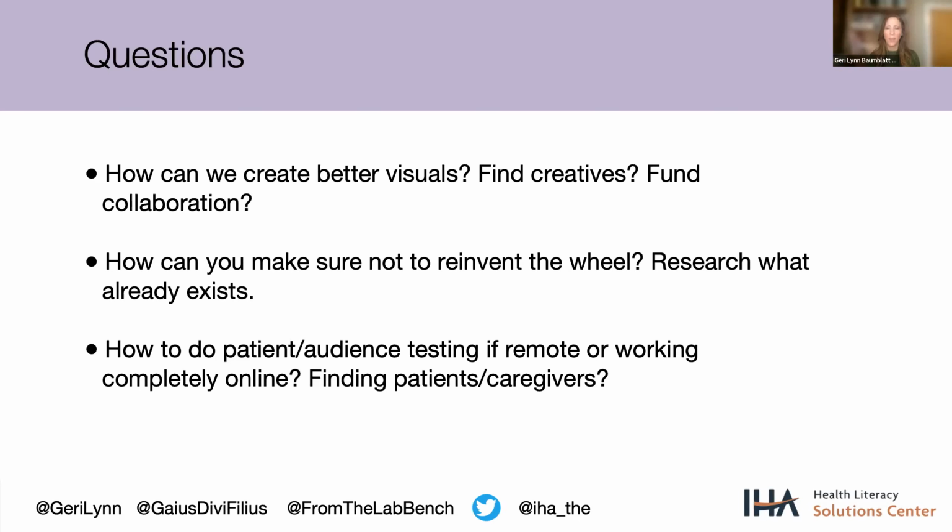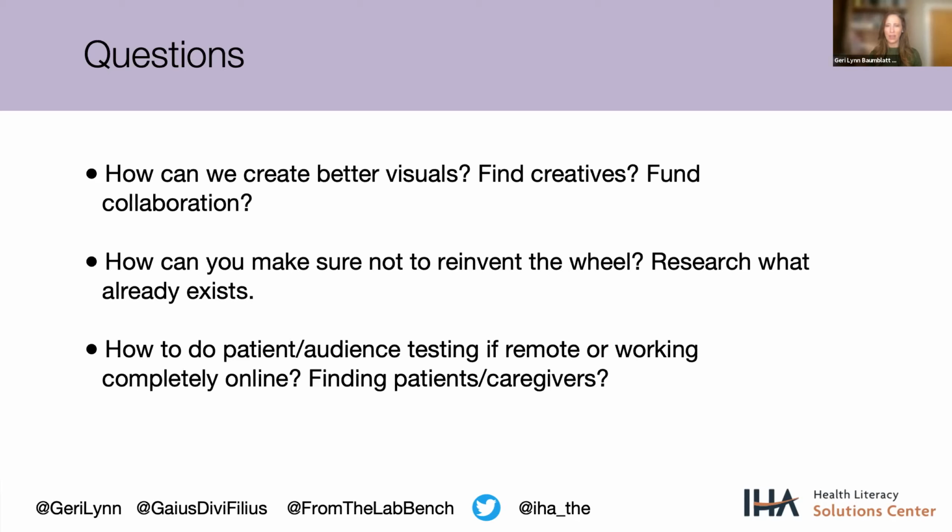Right. And then I think, Paige, you and I have talked about, let's not reinvent the wheel. Find out what already exists and spend a little bit of time. I've even been called into places that wanted to do a decision aid for colon cancer screening. And I was like, oh, well, there's actually a couple really good free ones that you can just use. You don't have to reinvent them. But I'm also realizing that we're short on time.